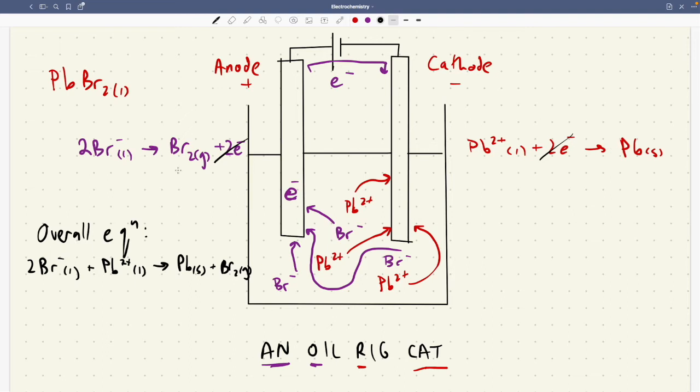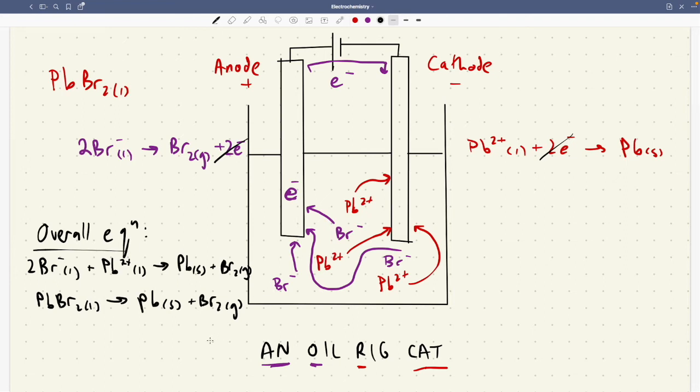So just the left and the right hand side of the arrows, combining them together there. Another way you could write this is we could just write the lead bromide that we had, PbBr2, in the liquid. So instead of writing it as an ionic equation, just doing it like that, both showing the same thing. Fabulous. So there's our overall equation that we have.